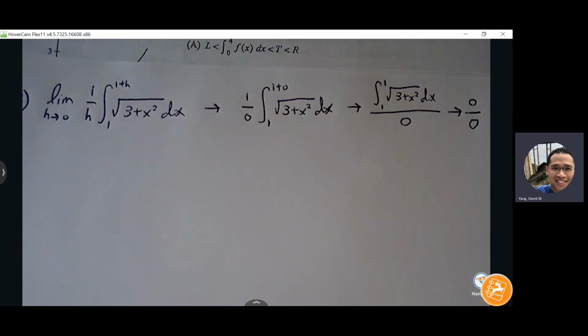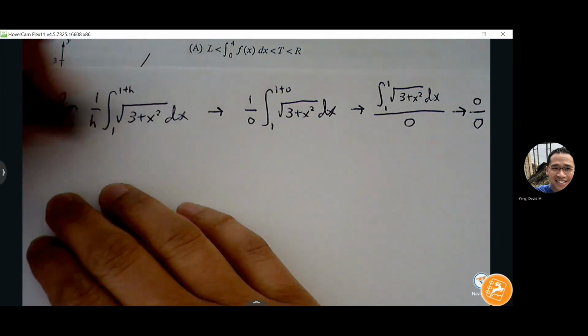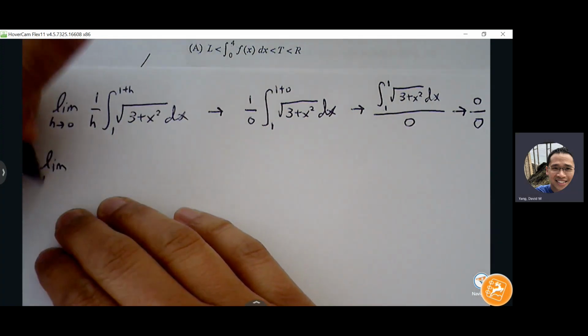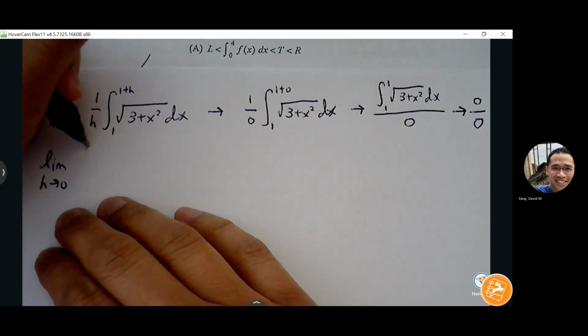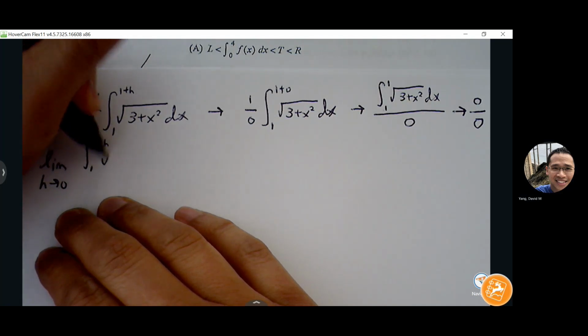And if we have 0 over 0, what special thing can we do there? We can apply what? L'Hopital's rule, right? If you're dealing with a limit of an expression, and it gives you 0 over 0, you know there's a hole in the graph. We can do L'Hopital's rule. So let me rewrite this problem in the numerator and denominator. Makes it maybe a little bit easier to see.